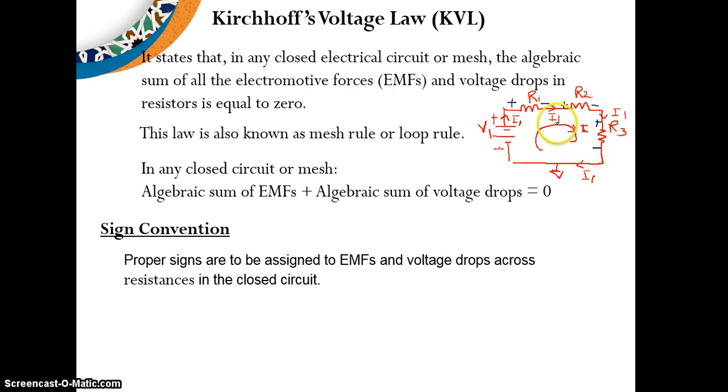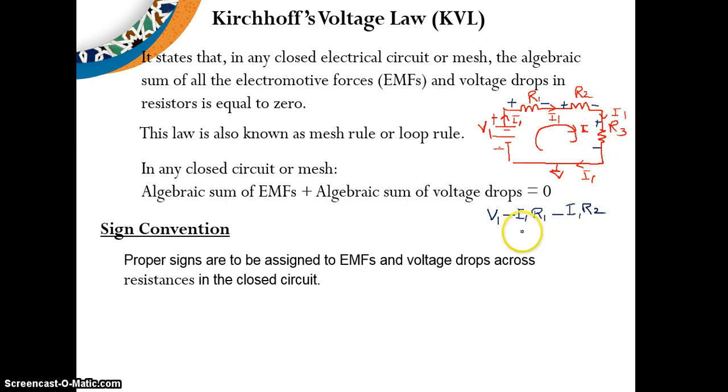So if I am writing the KVL for this one, minus to plus, I will take as plus. Plus to minus, it is minus. What is the drop across this resistor? I1 multiplied by R1. Now see, plus to minus, minus I1 multiplied by R2.